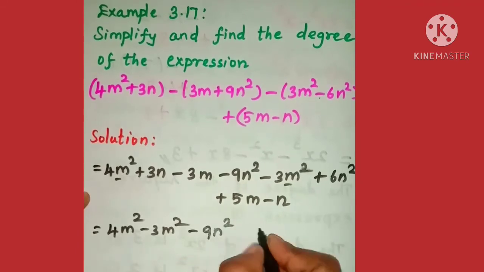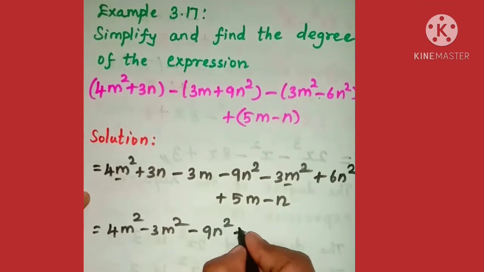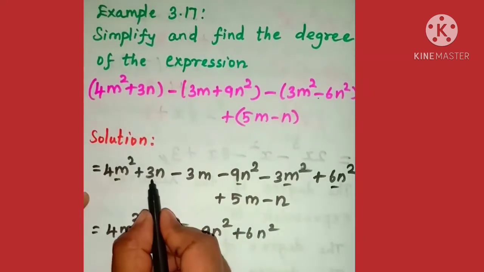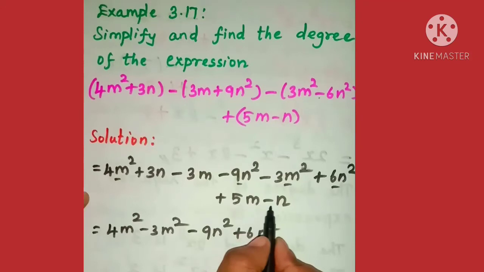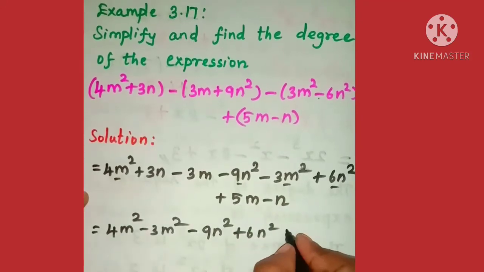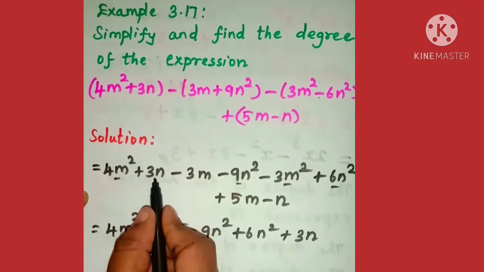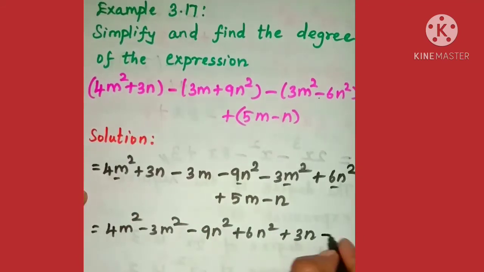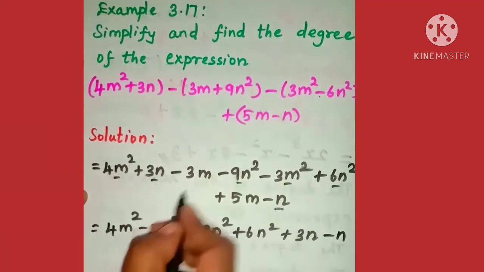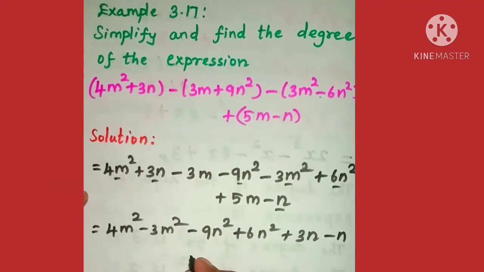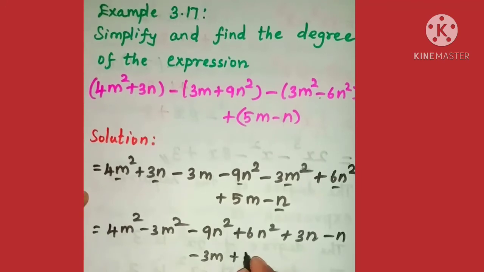So minus 9n square plus 6n square. And then here 3n, here minus n. So now we can group the like terms in n. So here the remaining is minus 3m and plus 5m. So minus 3m plus 5m.